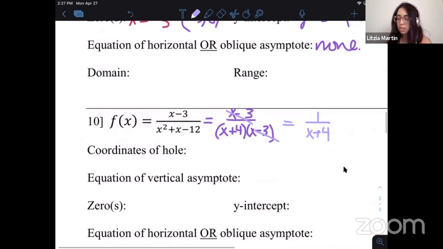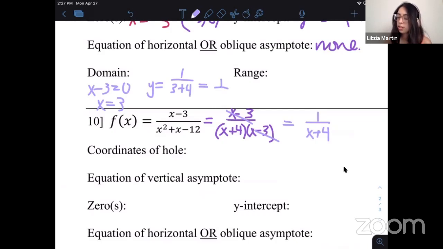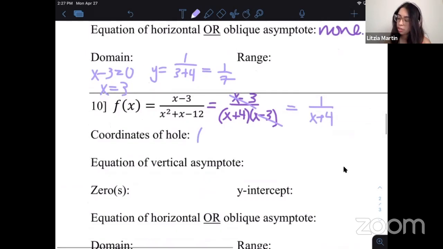The hole is going to be when I take x minus 3 and set that equal to 0, since that's what I canceled. So x is 3, and then I take that x, plug it into that simplified fraction. So we get 1/7. And my hole here, that's going to be 3 and 1/7.